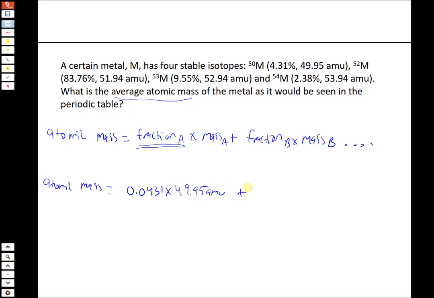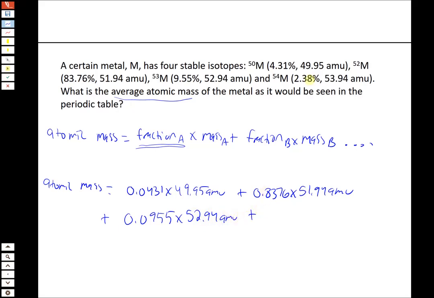Then we're going to take the second isotope, 52M, that has a fraction of 83.76%, which is 0.8376, and then its mass is 51.94 AMU. And then we're going to do the third isotope, 9.55%, so the fraction is 0.0955, and a mass of 52.94.